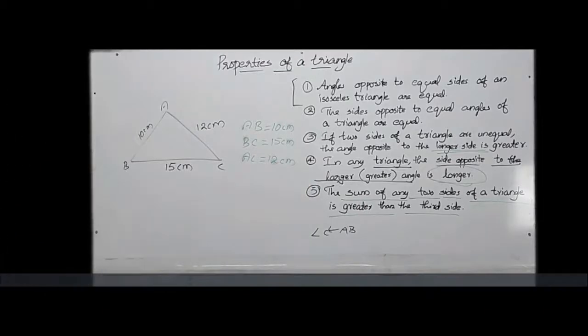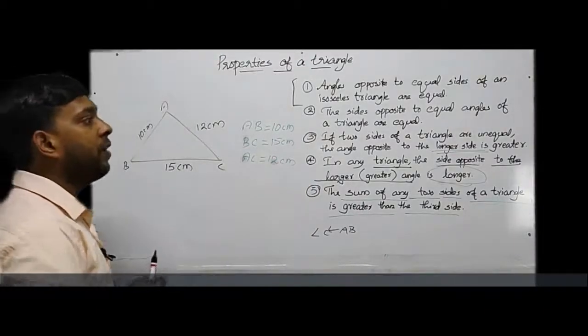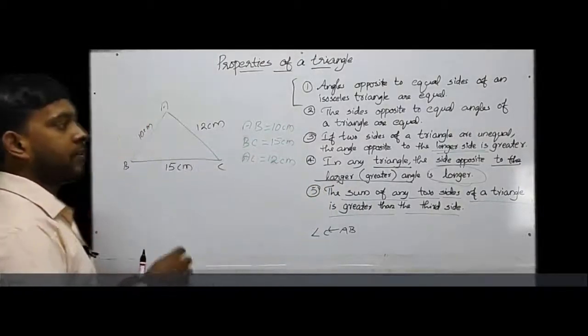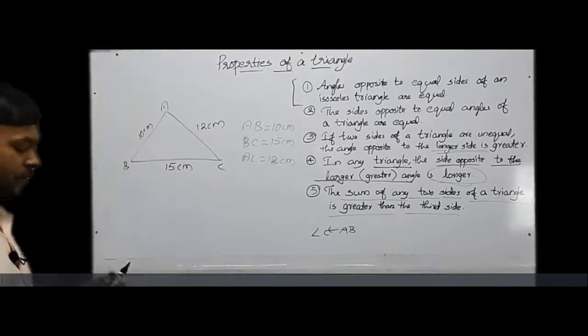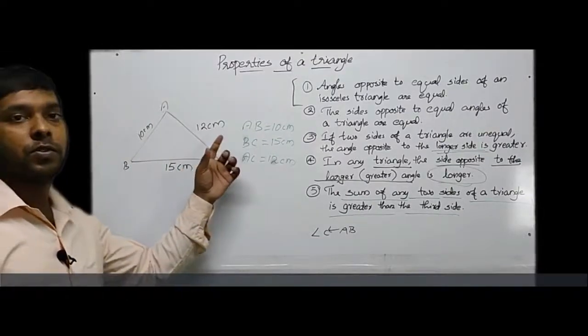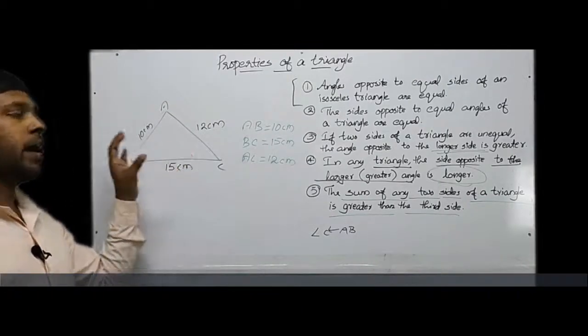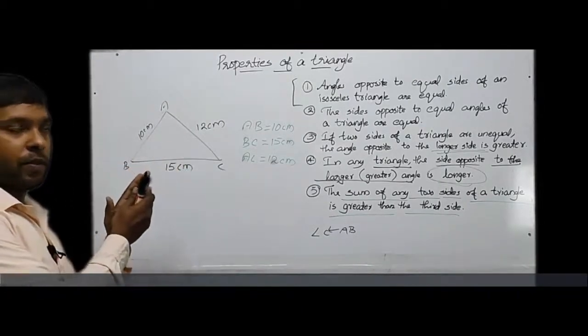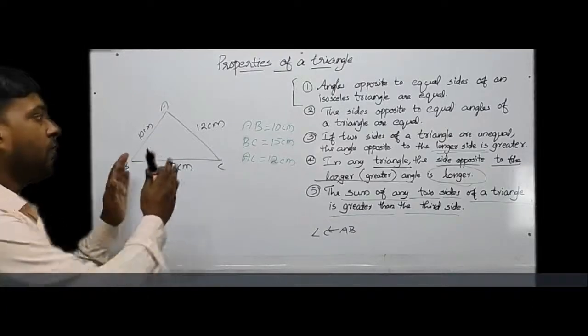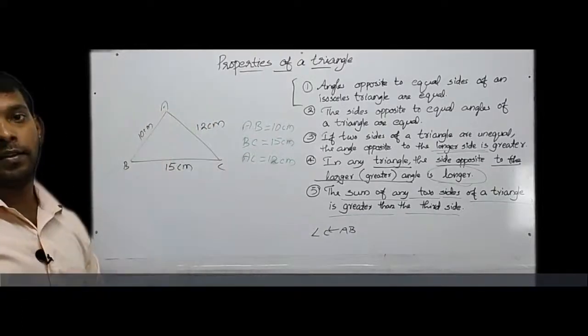Now what does this property say? The sum of any two sides of a triangle is greater than the third side. That means if we take any two sides of this triangle and add their given measures, it will be greater than the other side.